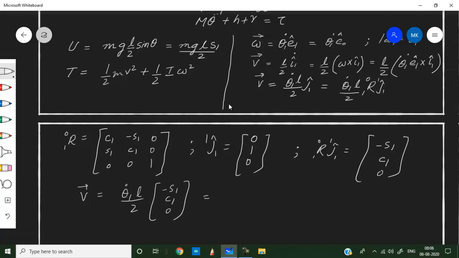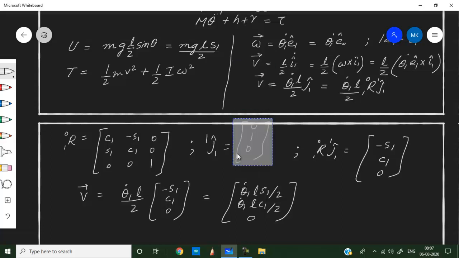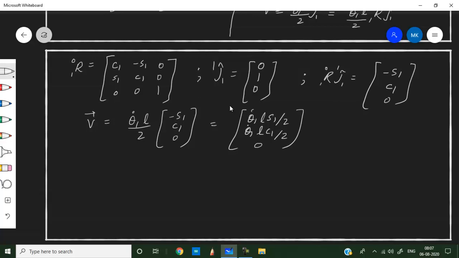Or you can also write it as minus theta 1 dot L sine theta 1 divided by 2, theta 1 dot L cos theta 1 divided by 2, and 0. Now this is the velocity vector, and if you want to find the magnitude of this velocity, which is required for the kinetic energy.